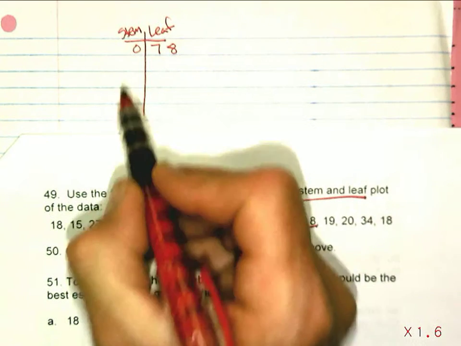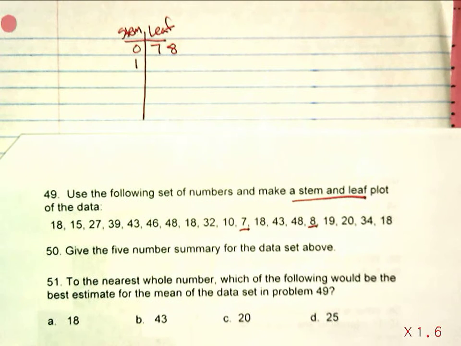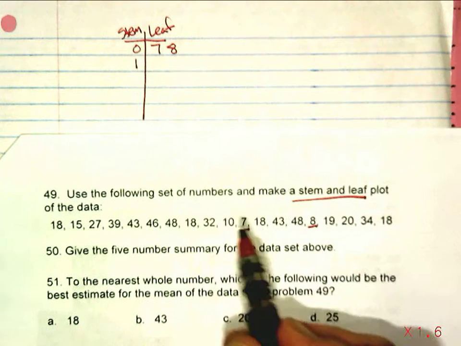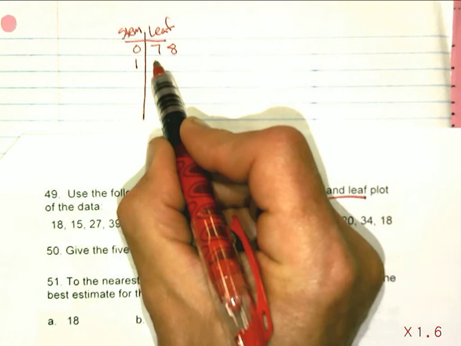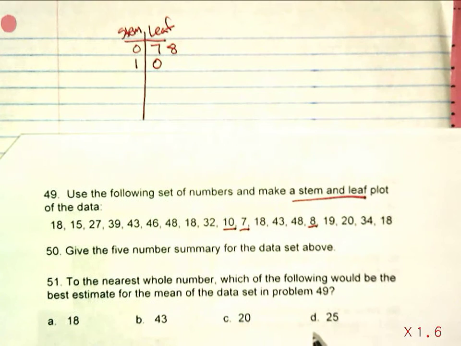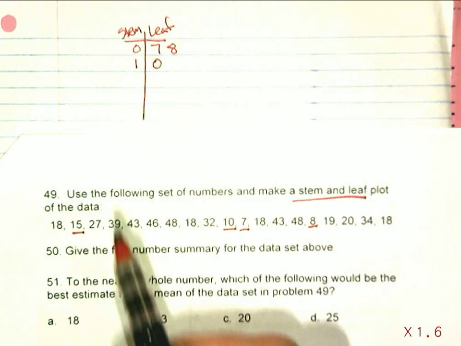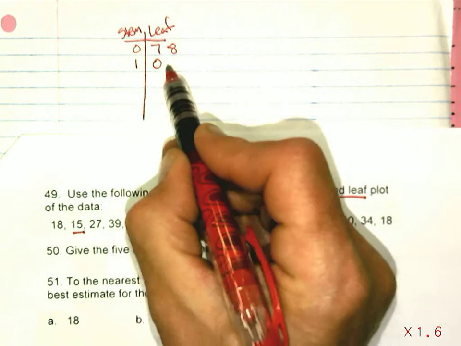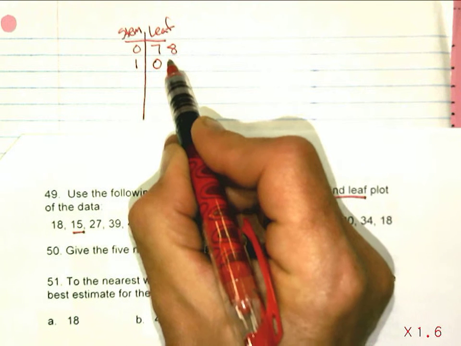Now I'm going to move to the tens places, so the stem is a 1, the tens digit. It looks like in my data set there's a 10, so that would be a stem of 1 and a leaf of 0. Then the next number in the data set is a 15. There's the 1, and I don't need to put the 1 again. Now I can just put the 5, that's the leaf, the ones digit.